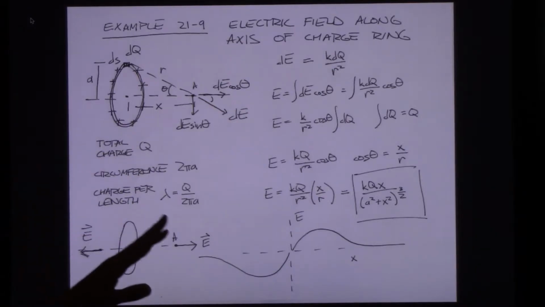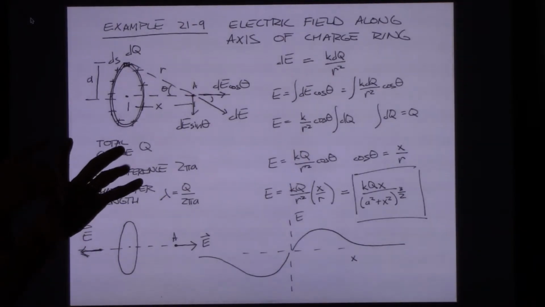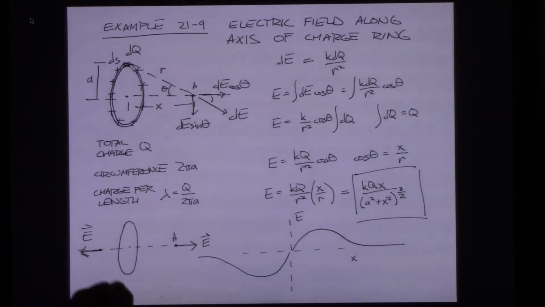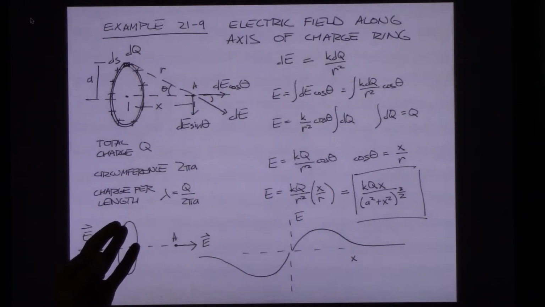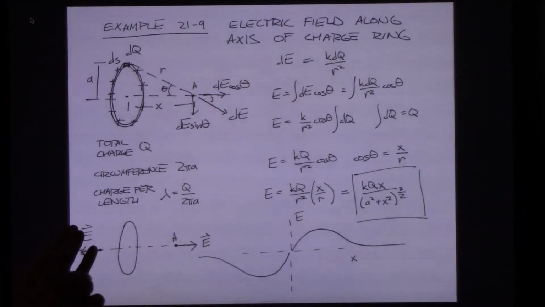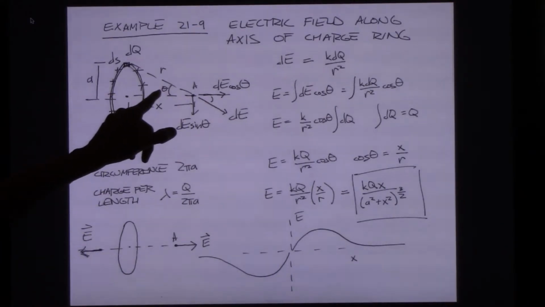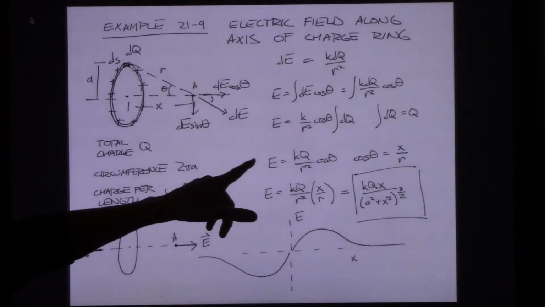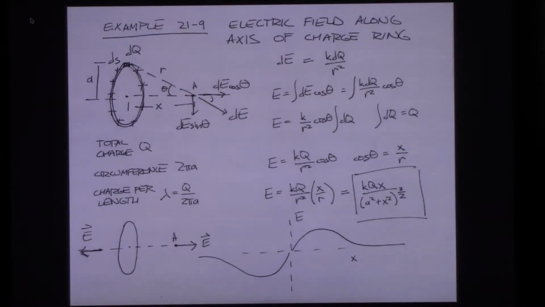What I want to be able to tell people from solving this problem is, if I move along the axis that runs through this circular distribution of charge, if I define x equals 0 as the center of the circle, and I measure distances along the axis in terms of x, as I move farther and farther away, what's the electric field going to be? Basically, what is the electric field as a function of x along the axis?